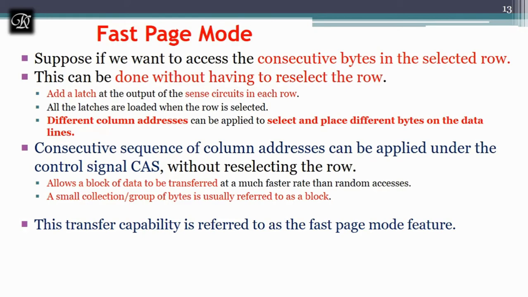So addressing consecutive memory locations is faster compared to addressing random memory addresses when we have added an additional latch to this circuit. The block transfer capability we have discussed here is called fast page mode. Fast page mode can only be achieved when we are requesting consecutive memory locations.